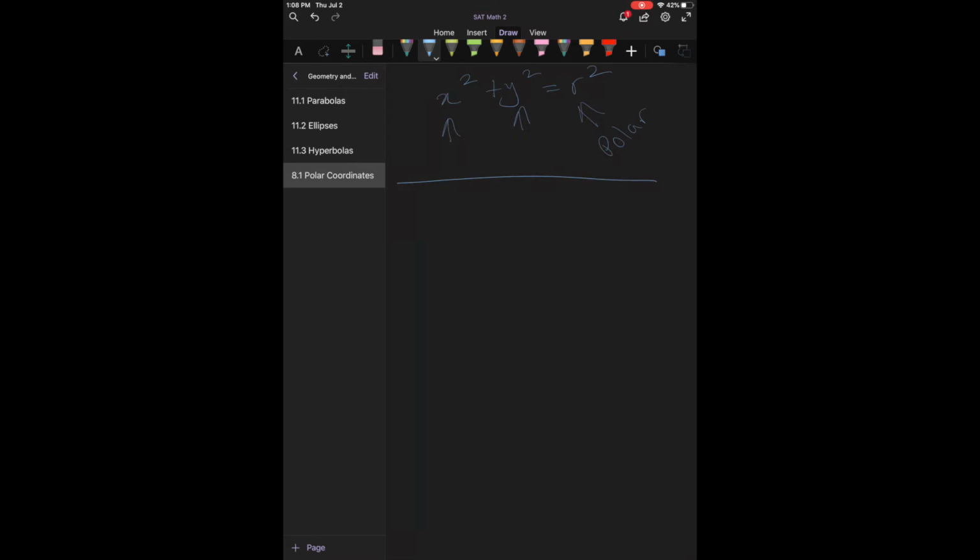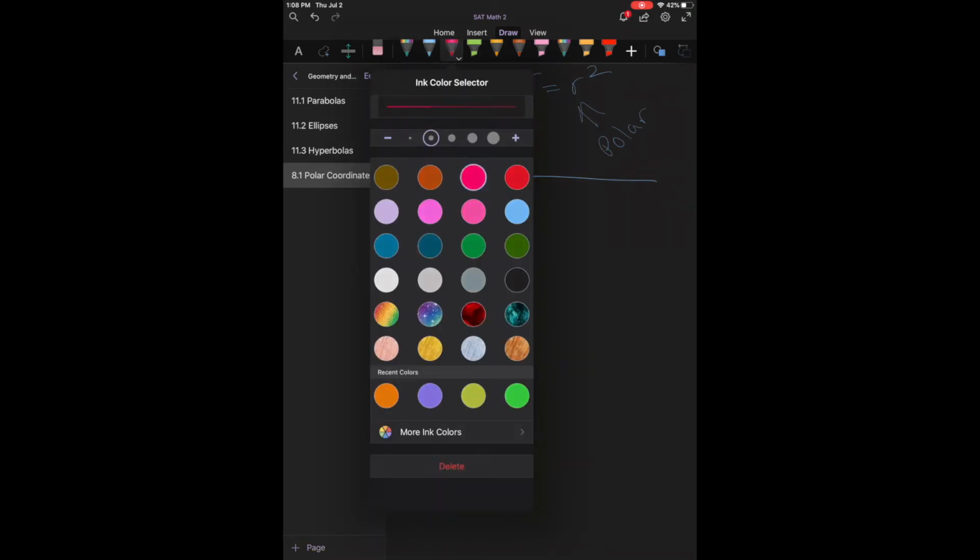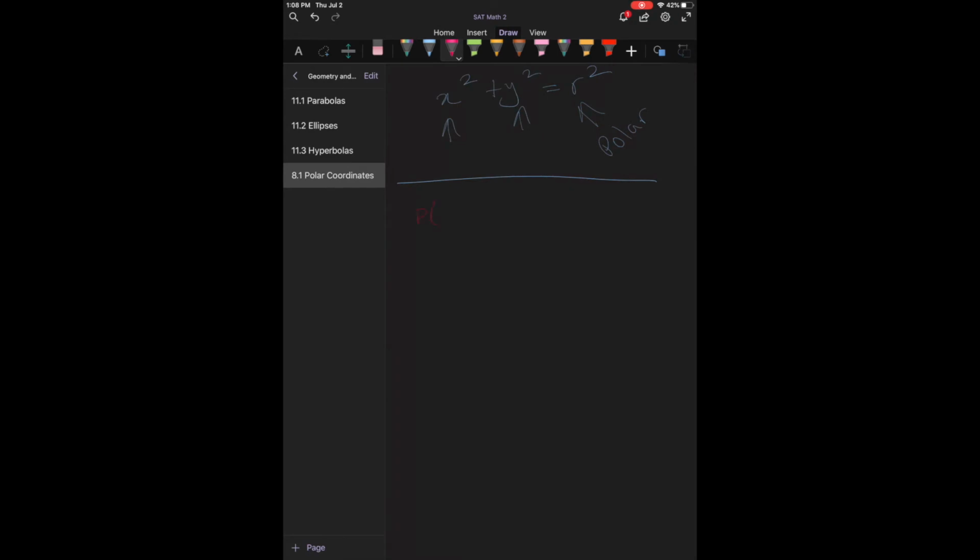So why don't we express point P, okay, this is in rectangular coordinates, 3, 3 square root of 3. Okay, so we have the rectangular coordinates, we're trying to convert them into polar coordinates, and so the polar coordinates are obviously r, theta, okay, and we have x and y.